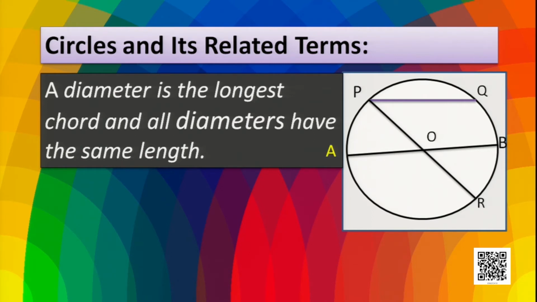If we compare here PQ and PR, the longer one is PR because it passes through the center. And here another diameter is also given, AB. So PR and AB are the diameters and their lengths must be equal. So we can say that all diameters have the same length.